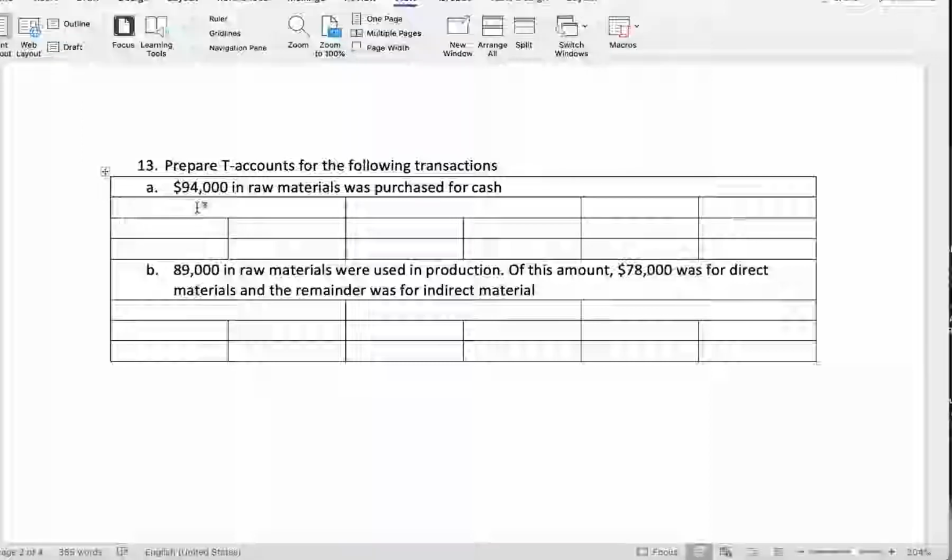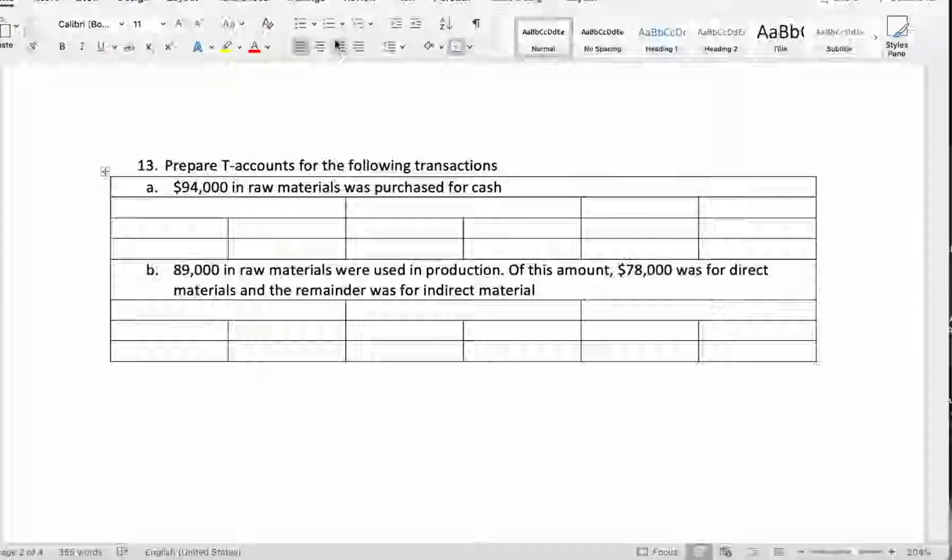Well, first thing we should do is we need to show that raw materials account is increasing. So what I'm going to do here, and bear with me, I don't know if I mentioned this, when it comes to like Excel charts and things like that, I'm really anal, so just bear with me. Okay, so raw materials is an asset, so this is the raw materials account, and I'm just going to say right here A, because it's an asset account.